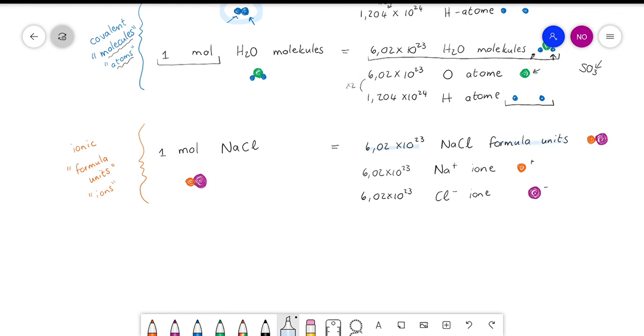And the reason why we call them formula units is because we are working with an ionic bond now. Okay, so jy gaan noem hulle formule eenhede, but in that we can split it up into the sodium ions and the chloride ions. So ons gaan sê ek het soveel natrium ione en ek het soveel chloor ione. So when you're working with ionic compounds, make sure you understand you no longer call them molecules or atoms if you break them up, you call them formula units or ions.